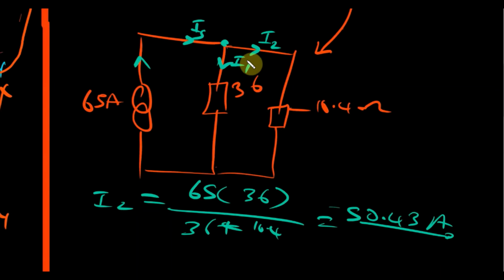So the current flowing across the 10.4 ohm resistor is 50.43 amps.